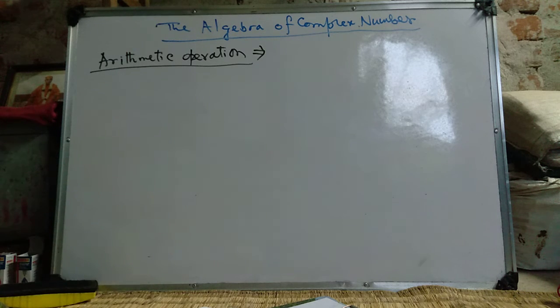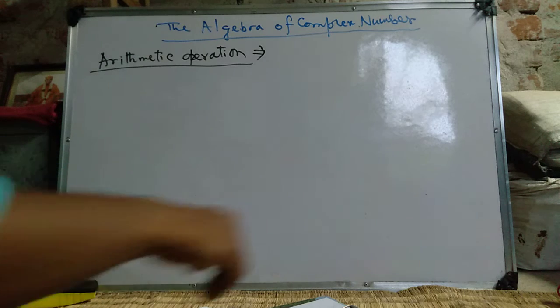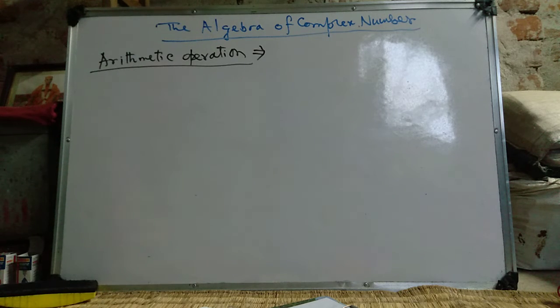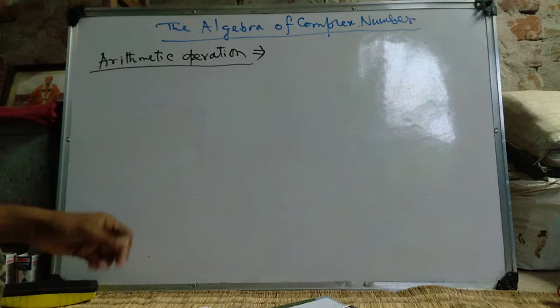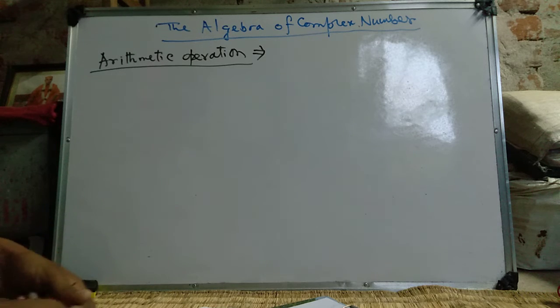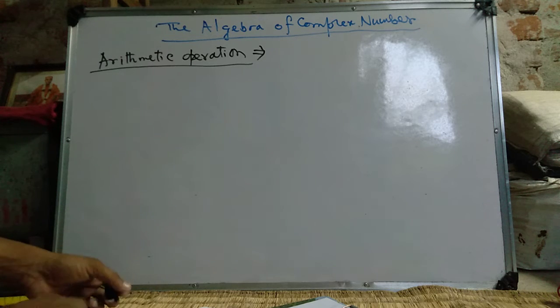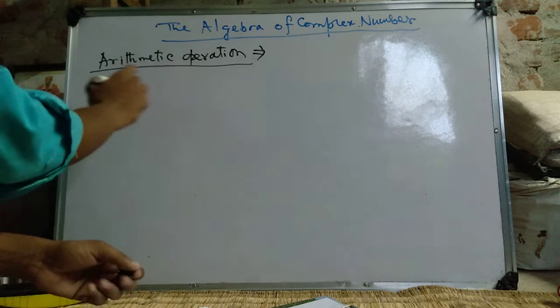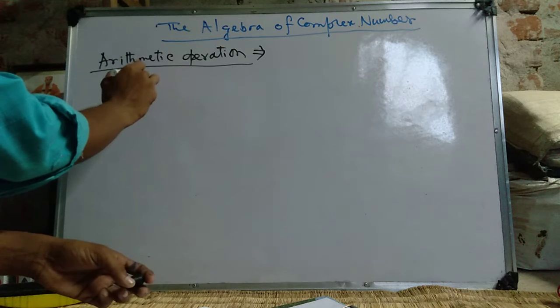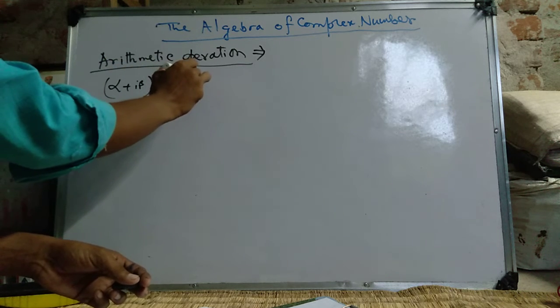But here we are not going more deeply into this type of operator. We just discuss the addition operator: how two complex numbers are added. We write one complex number as alpha plus i beta and another as gamma plus i delta.